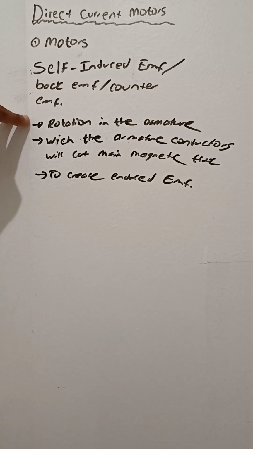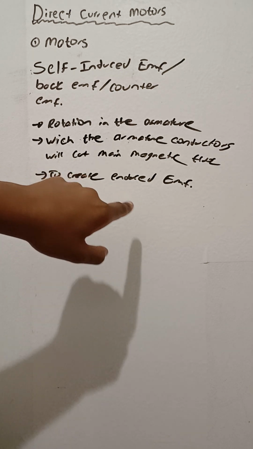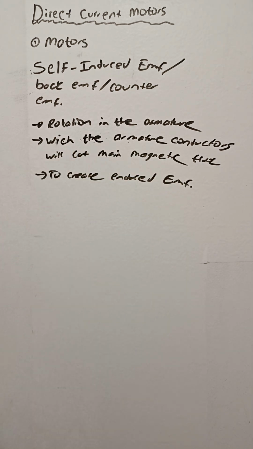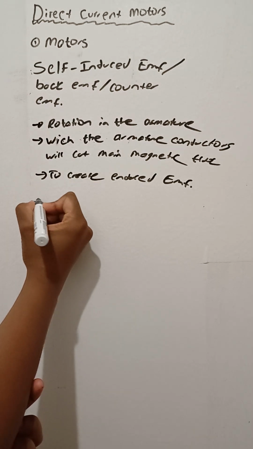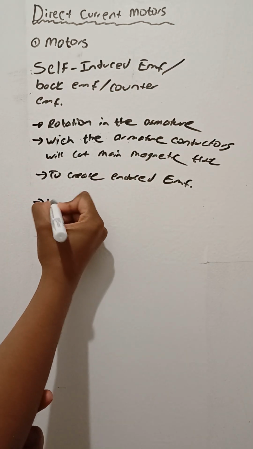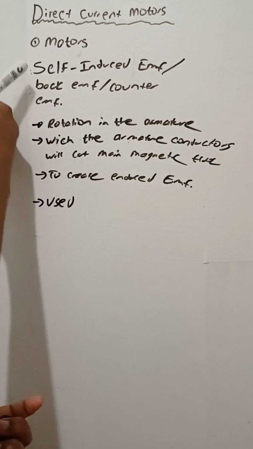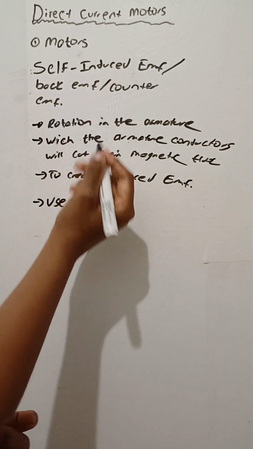There will be a rotation in the armature, in which the armature conductors will cut the magnetic flux, and this will create the induced EMF. This induced EMF is used to make this self-induced EMF, back EMF or counter EMF.